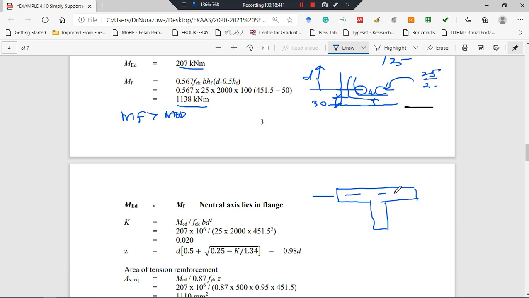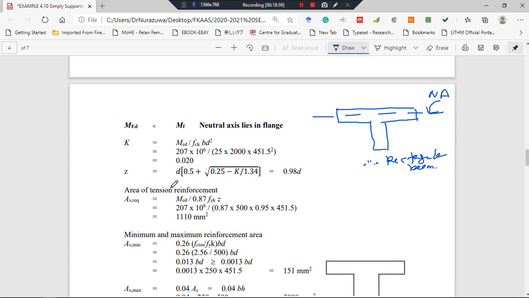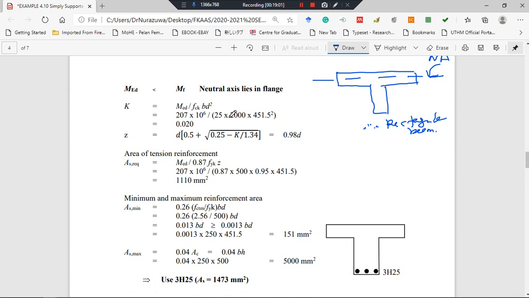Okay, so this is the neutral axis for this case. When it lies in the flange, the conclusion is you need to design it as a rectangular beam. Okay, so we proceed with the design.